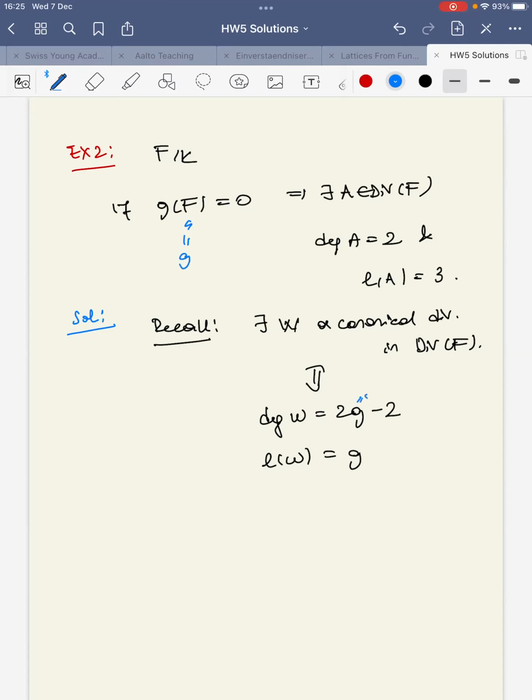And if the genus is 0, the degree of the canonical divisor is going to be -2 and the dimension is going to be 0.